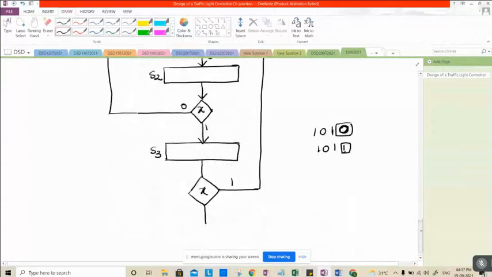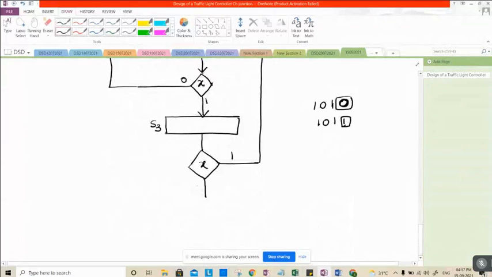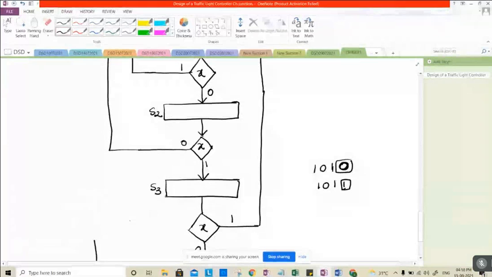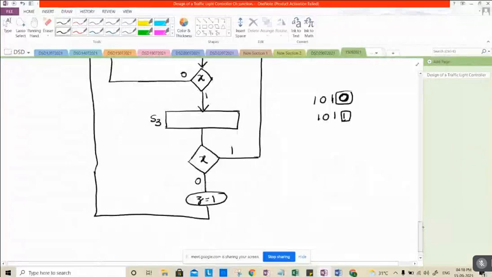Then if it is 0, what will happen? It should generate the output value 1. Then after that, it should enter into S2. It will enter into S2, right?